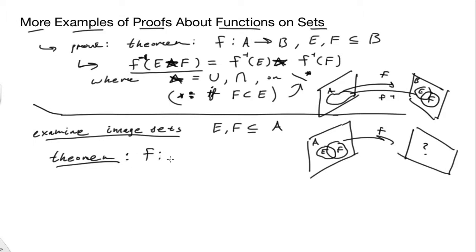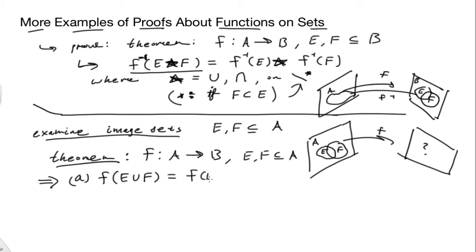If you have F from A to B, and E and F are subsets of A, then the following statements are true. If I take the image of the union of E and F, it is equal to the union of the individual images.